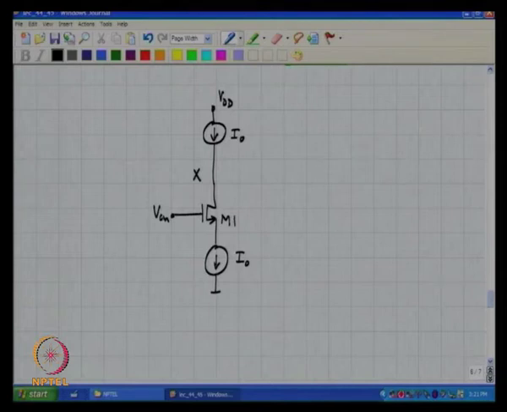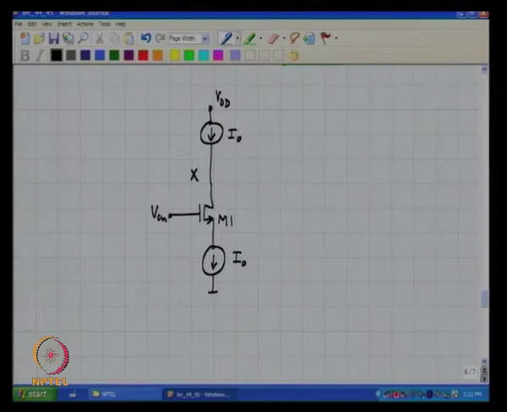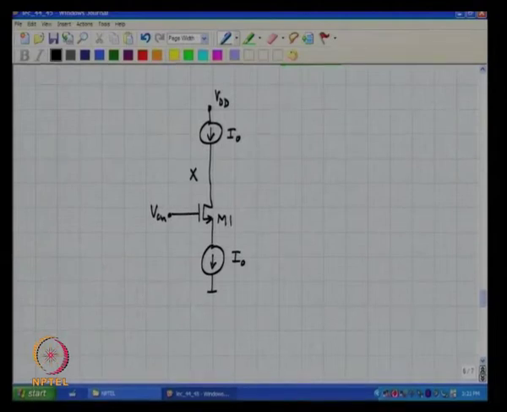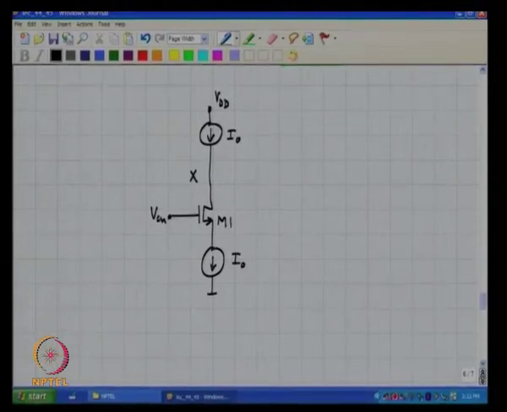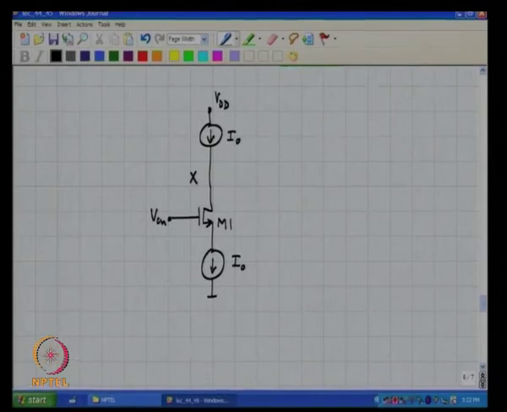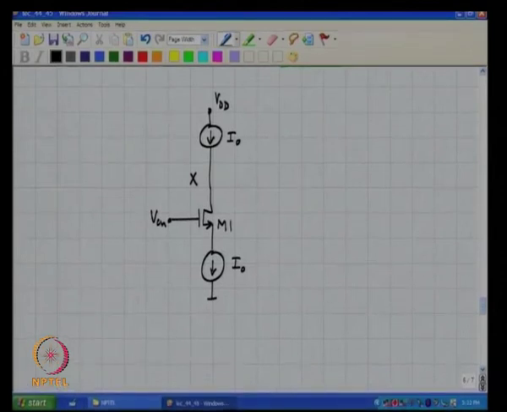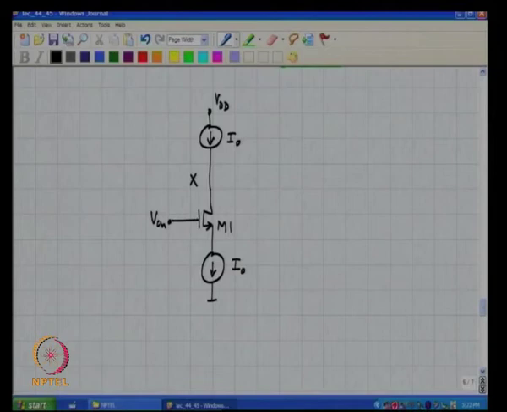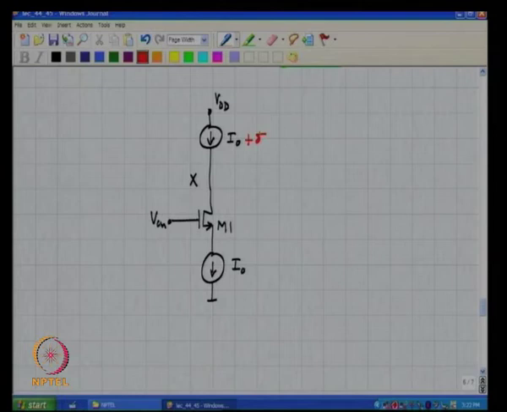In practice, I naught in the tail and I naught in the load are built with transistors, and these are by definition independent current sources, which means that they will not be exactly identical. It is impossible to make them exactly identical. The only thing one can do is to make sure that they are only approximately the same. Now, let us assume that the two are off by a small delta, where this delta can either be positive or negative.